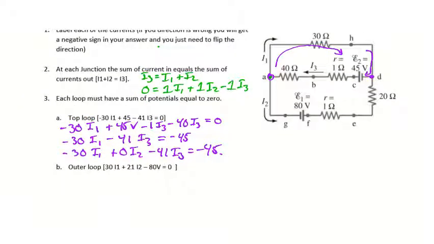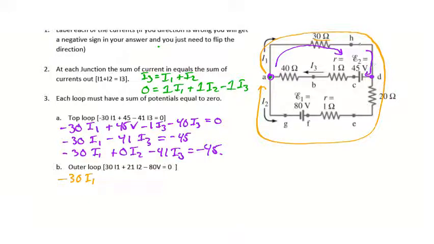Now you can do this a bunch of different ways, but for simplicity's sake, so we're all doing it the same way, we're going to pick the same loops so we have the same equation since we're learning how to do this. We're going to start at point A and go all the way around back to point A. Starting at point A, the first thing we come to is this 30 ohm resistor, so I'm going to write minus 30 I1.